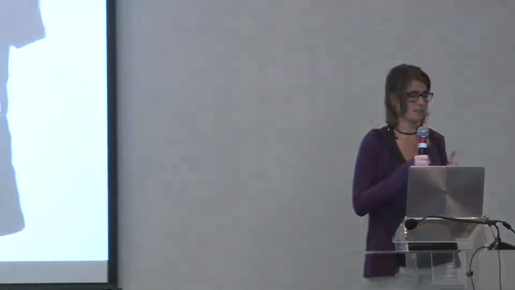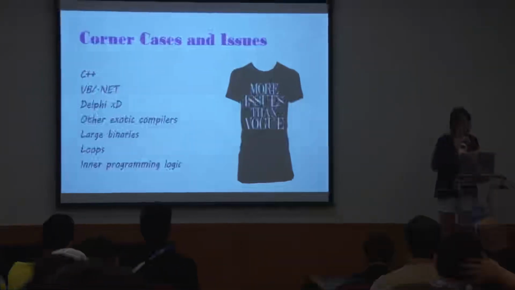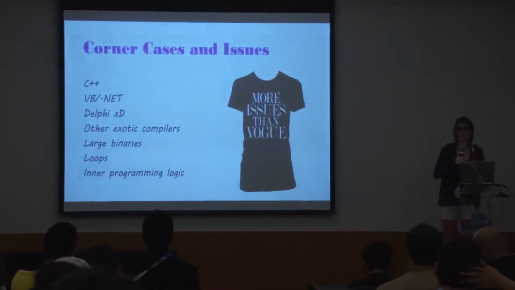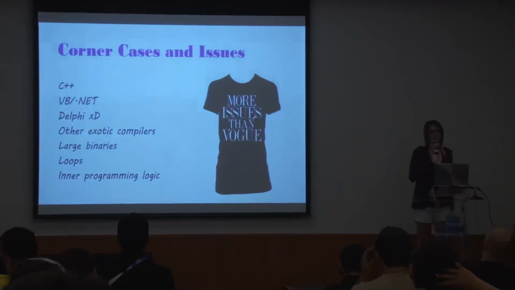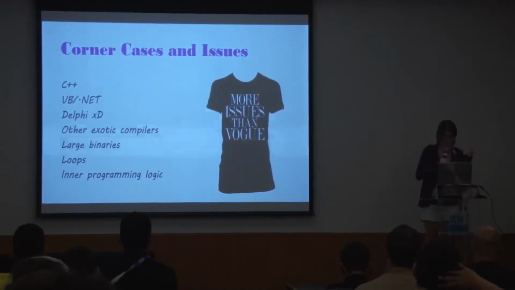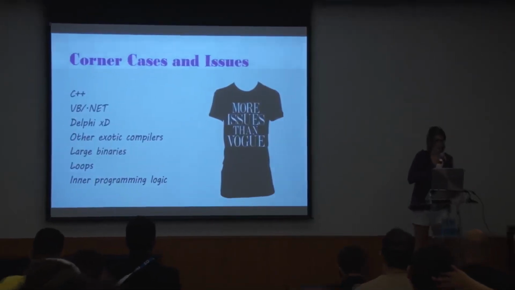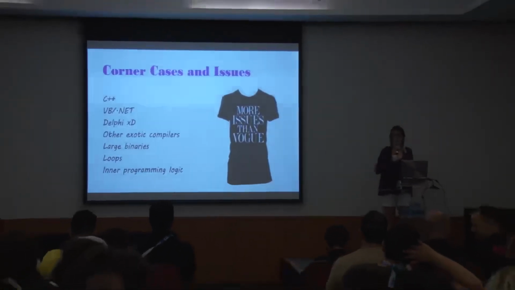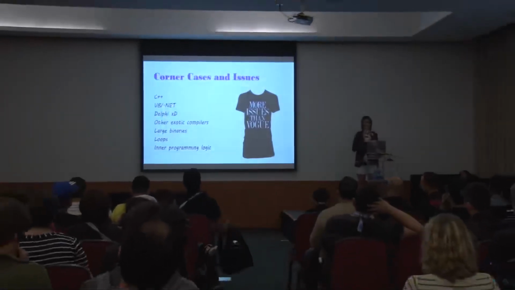The whole tool, I might also mention that the parser has its corner cases and issues, as every open source tool, I would think. For one, there is a problem with C++, because C++ has a lot of indirectly called functions that aren't easily parsed, because they aren't necessarily called by their offset, but indirectly by calculated offsets. I also have a big problem with Visual Basic and .NET, but then again, who doesn't? Delphi is also still an issue.